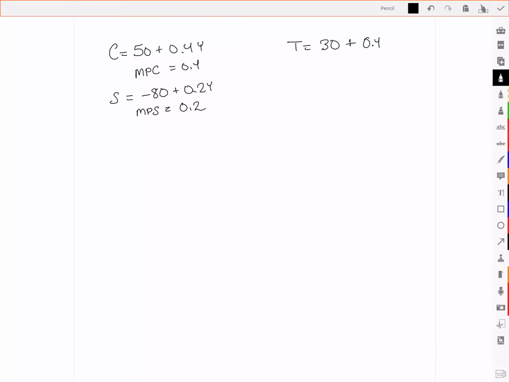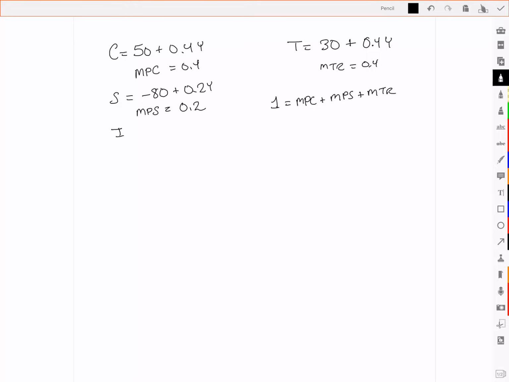So the marginal tax rate is going to be 0.4, and the slope of that tax function is going to be the 0.4. That's because for a dollar of income, you can spend it, you can save it, you can pay net taxes. So if we have our consumption function and our savings function, we can find the tax function.